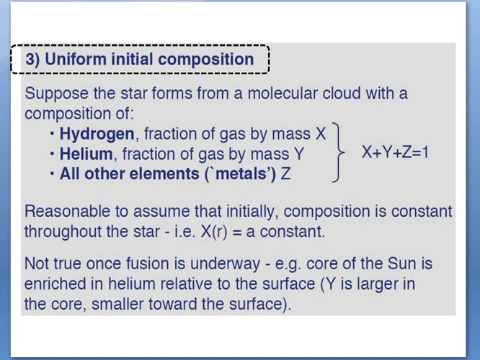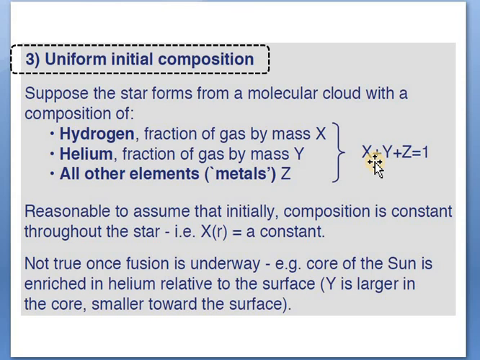Now this is not true once fusion starts, because after fusion starts, the chemical composition of the star changes, and so X, Y and Z start changing as a function of R. Note that not only does the composition change as a result of fusion, but also as a result of the heat generated by the fusion, convection starts.